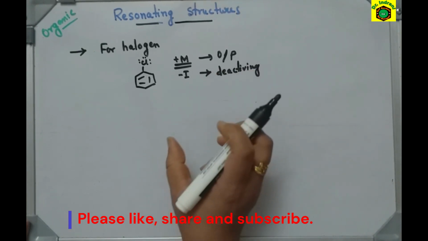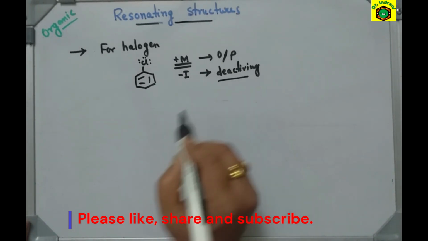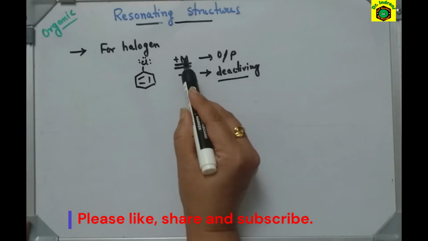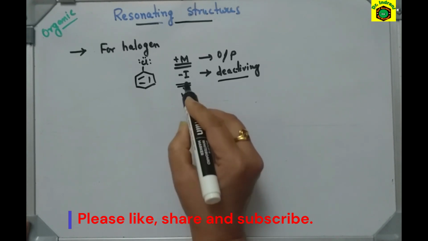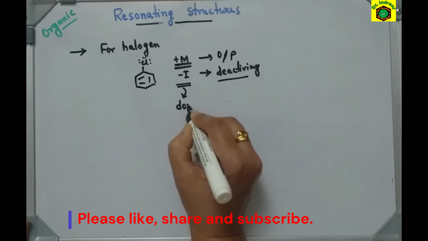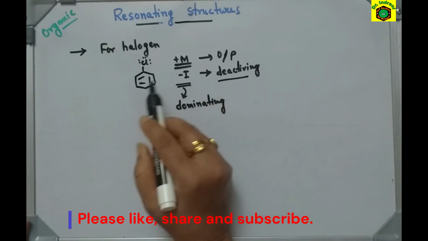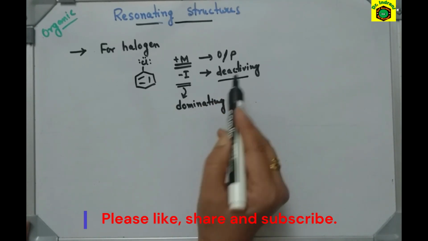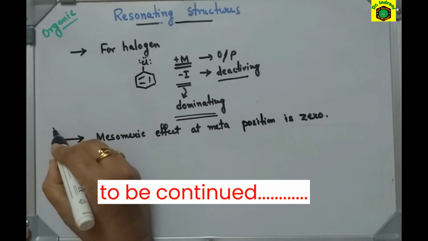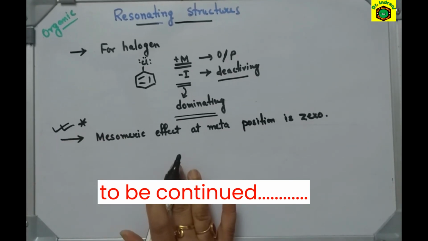It is abstracting electron density from the benzene ring, so it is a deactivating group. And between plus M and minus I, the minus I effect is dominating. That's why halogens are ortho-para directing, but they are deactivating groups. And this is very important. You note down, mesomeric effect at meta position is 0.